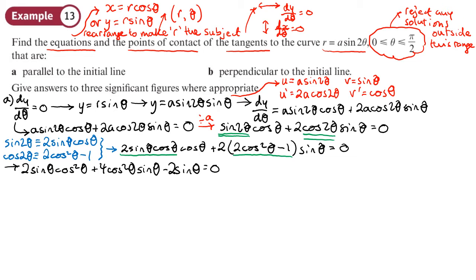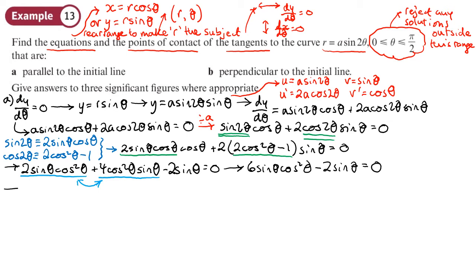You'll notice, because we made the substitution cos 2θ equals 2 cos squared θ minus 1, these two terms are actually the same, and these bits can be simplified. You've got 2 lots of sine θ cos squared θ plus 4 lots of sine θ cos squared θ. So that just becomes 6 lots of sine θ cos squared θ minus 2 sine θ equals 0.